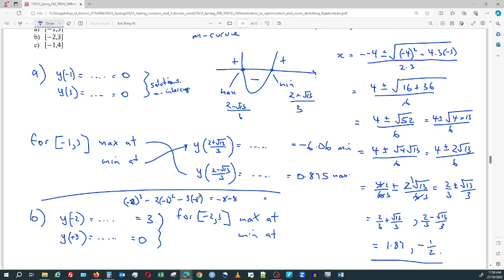So that one there. And that's plus 6. That's minus 10. It's not 3, it's minus 10. But minus 10 is bigger than minus 6. So the minimum is at minus 2. X equals minus 2. But the maximum remains at this one.